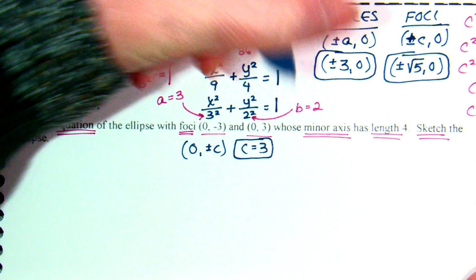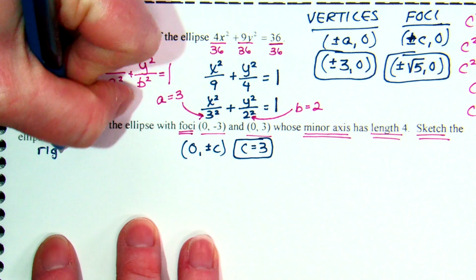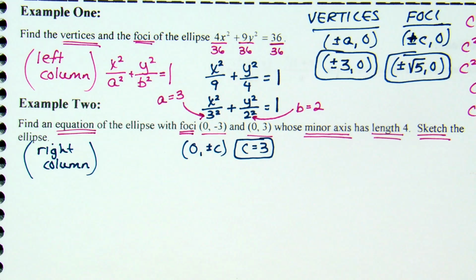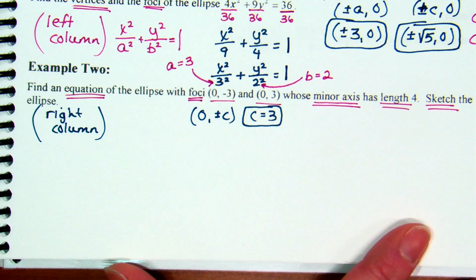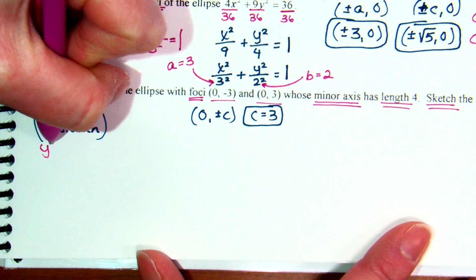And before I forget, I'm going to write down that this is a right column problem, because of the fact it's 0 and then the number. I'm also going to go ahead and write the equation down because my job later is to write the equation, yes? So if it's the right column, we're going to be doing y squared over a squared plus x squared over b squared equals 1.